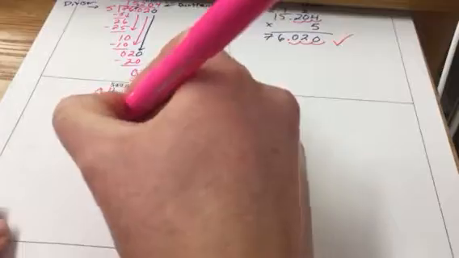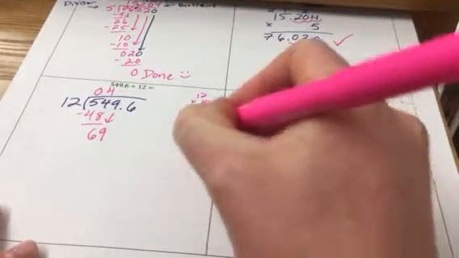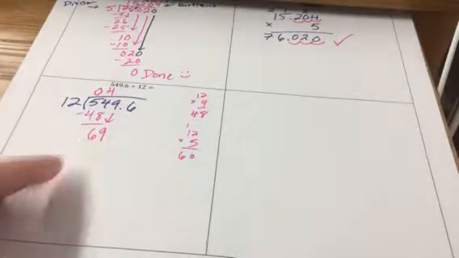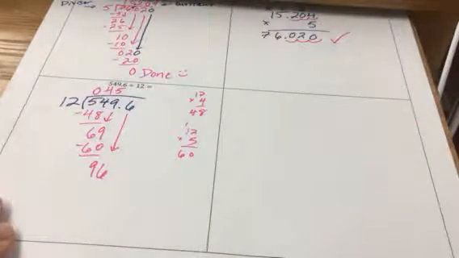Bring down the 9. Okay, 12 times 5 gives us 60, and that's pretty close to 69. I cannot fit in another set of 12, so that goes in 5 times. I subtract 60. I have 9 left over. Bring down the 6. How many times does 12 go into 96?